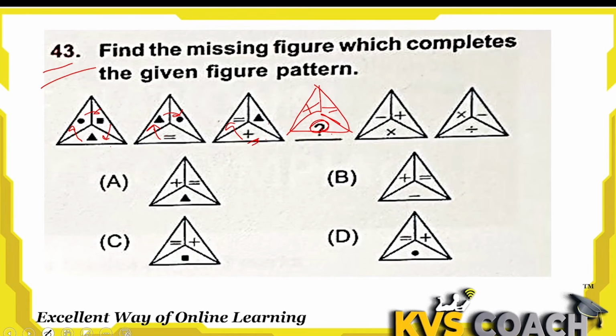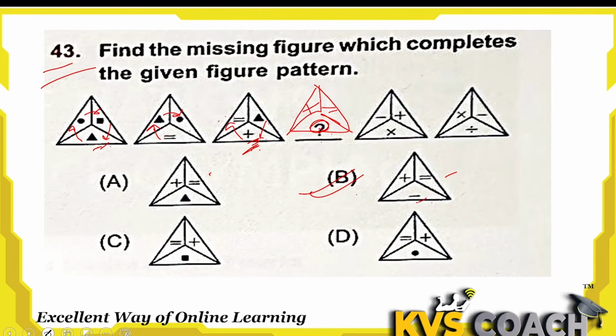Addition and equal is here, addition and equal is here, but you can see that in this, where the triangle is, there is negative. So what will we take? We will take negative. Why are we taking negative? Because here the dark figures are now disappearing and the operation symbols are appearing. So we will take an operation symbol here. The new figure will be an operation symbol, then subtraction is the right answer here. B will be the right answer, not triangle. Triangle cannot appear here again. A new symbol should appear.